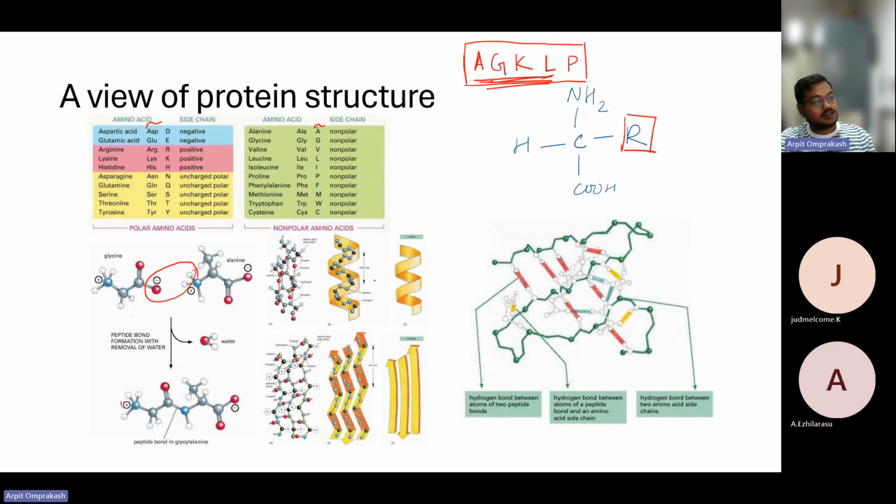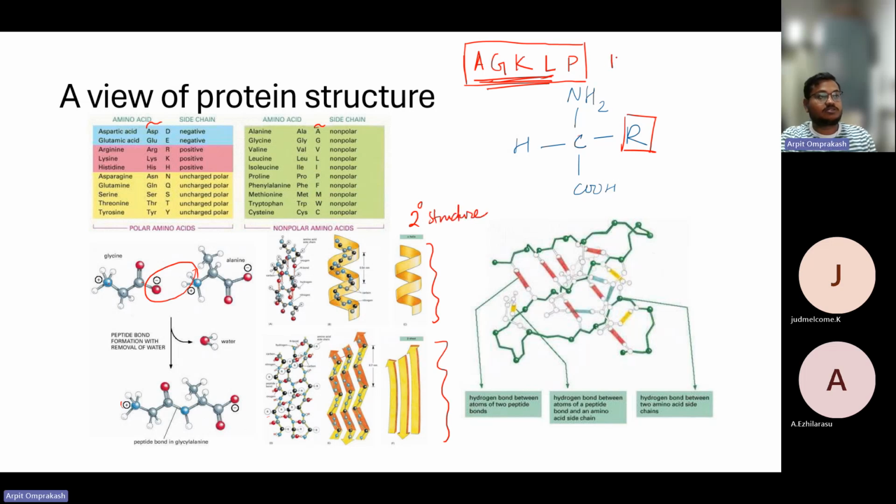That leads to a helical structure in some cases, so we have what are called alpha helices in proteins. Similarly, if the polypeptide backbone does not fold like that, but comes into contact with, let's say, another polypeptide backbone and forms hydrogen bonds like this between them, we have something called a sheet structure, or a beta sheet. So this is the secondary structure.